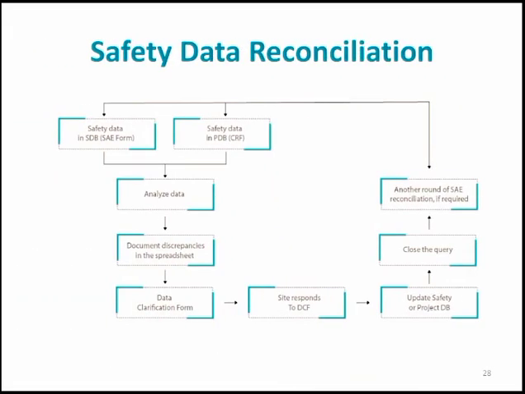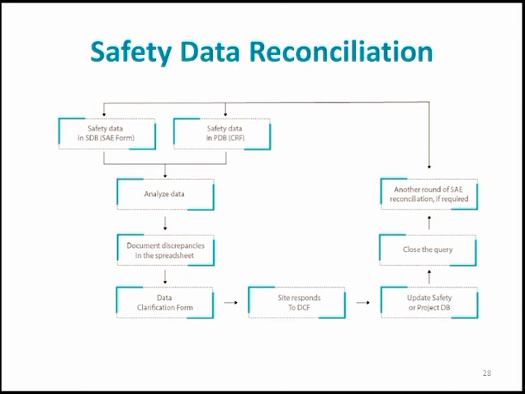The flow pathway of the safety data reconciliation is divided into 3 major parts. First, the safety data in SDP, and second, the safety data in PDP in CRF form, and the third one is another round of SAE reconciliation if it is required.